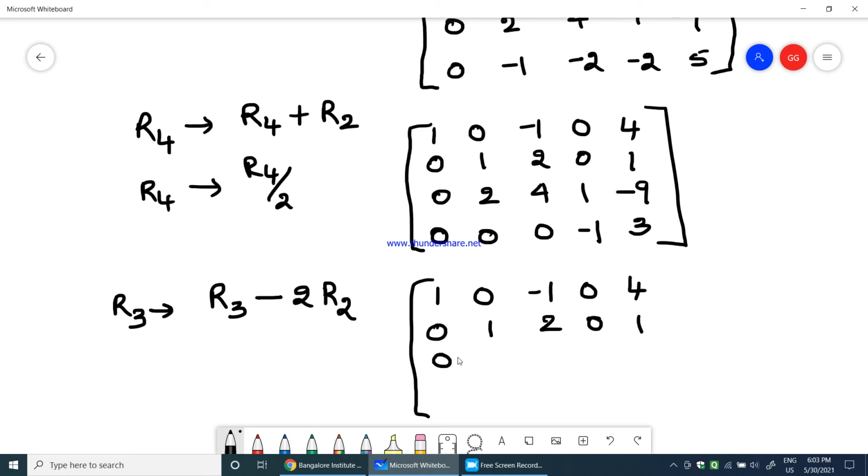Then it is 0, 2 minus 2 into 1 is 0, 4 minus 2 into 2, 4 minus 4 is 0, 1 minus 0 is 1, minus 9 minus 2 is minus 11, and this I will get 0 0 0 minus 1 and 3.